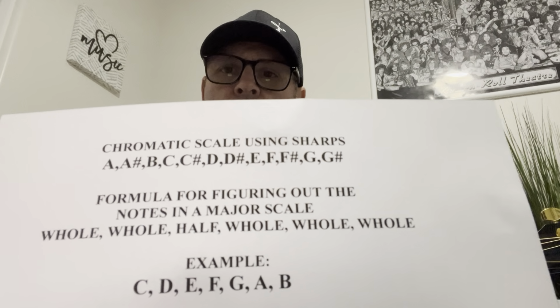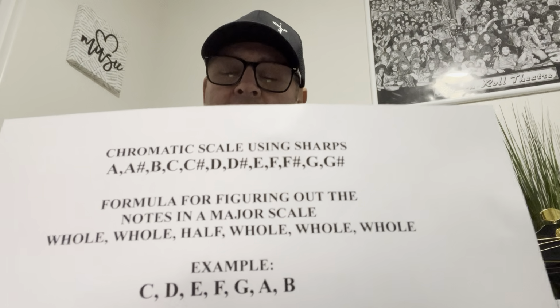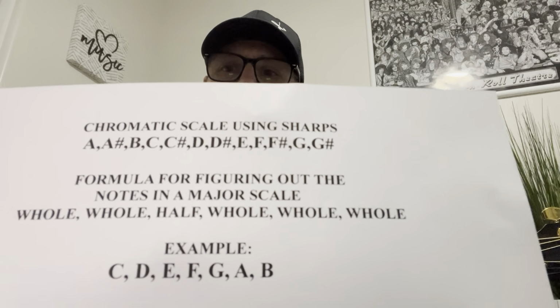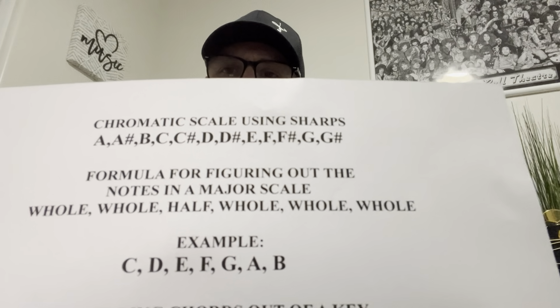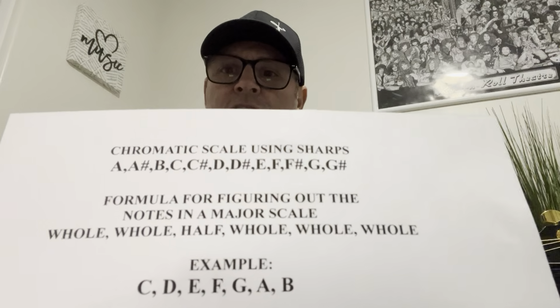And then we go G to A would be a whole step. So we go G, G sharp A. That's a whole step. And then we go one more whole step to the letter B, A sharp B. And then we're back to the root note, which is C.